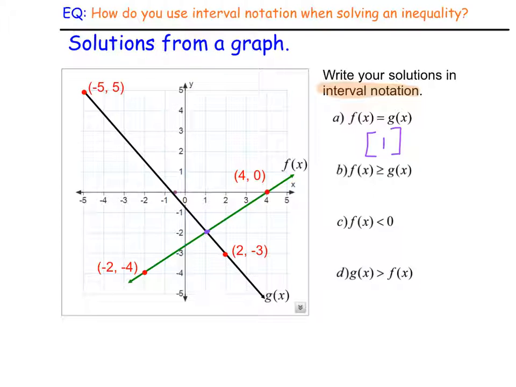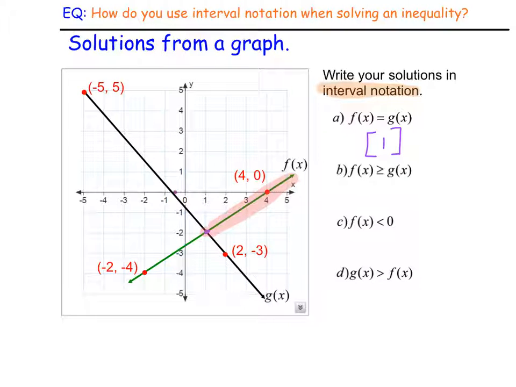Here is where line f is higher than line g, or equal to it at the intersection point. So again, where's the y component of f higher than or equal to the y component of g? Where's the line f higher than line g?